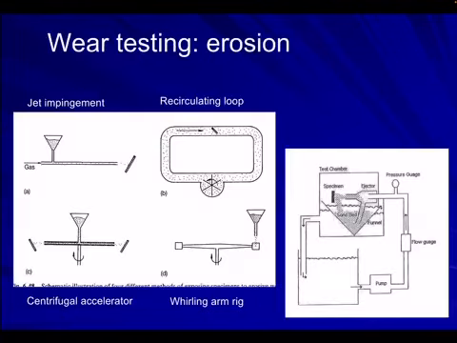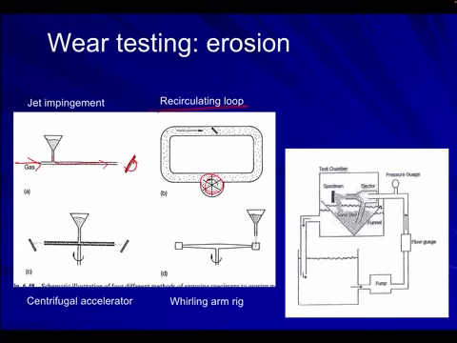Then the types of wear testing for erosion. Either jet impingement, where you've got a gas that comes in at a high rate and blasts sand particles onto a surface, and of course you can rotate this surface. Then we also have a recirculating loop, which is more of a closed circuit.